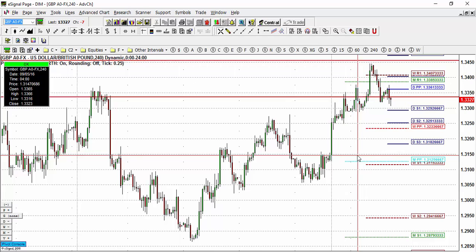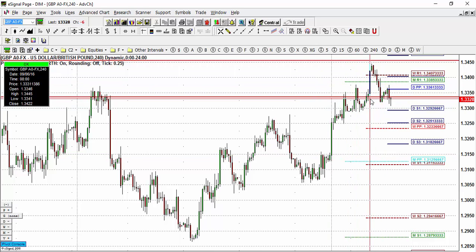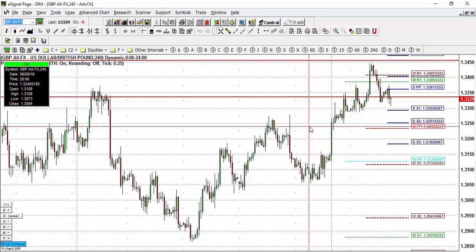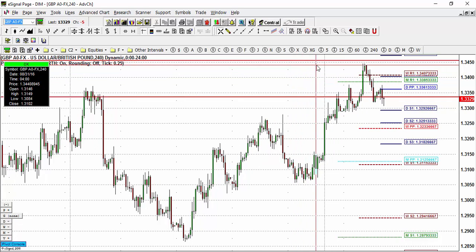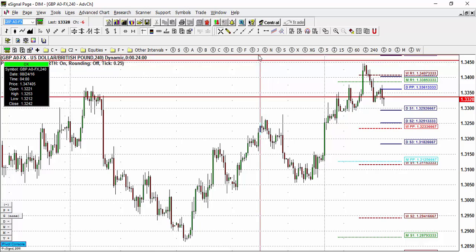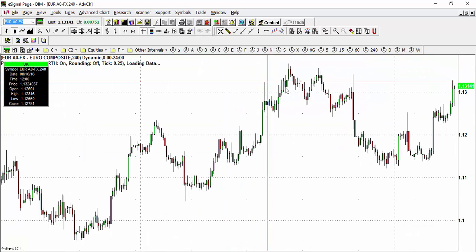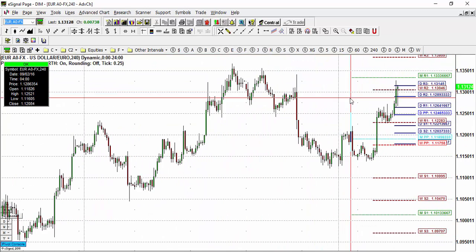So that is the power of these pivot points. You look at the pivot points, look where they are coming up, and when you get a sell signal, that could be a potential trade in this market. That is a demonstration of the power of pivot points, and we could be seeing the same thing occur here in the euro.